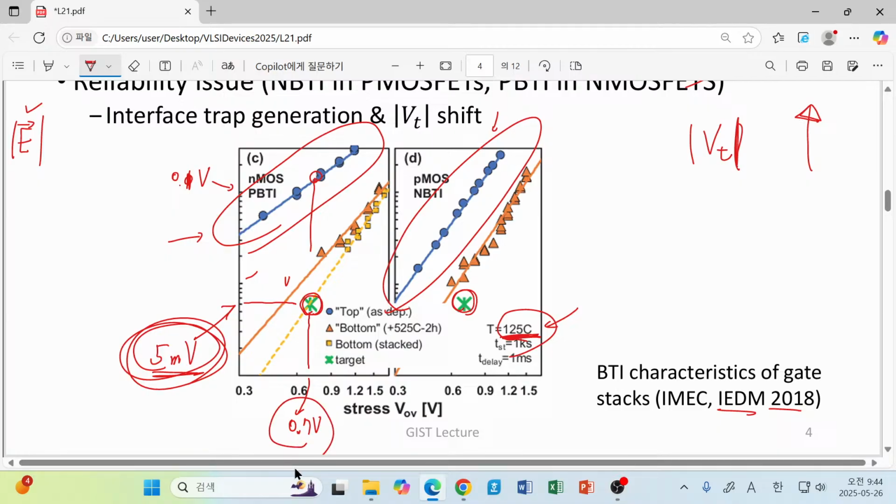But by doing some clever tricks to improve their gate stack, they were able to reduce the values of their delta VT. So now it is fitting the target for our reliability condition.